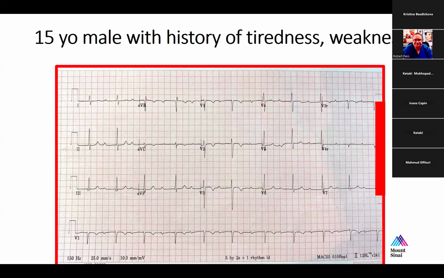Okay, so this patient comes in your office, and this is the very first time you've ever met this patient. So, what would you do, Vlad, to evaluate this patient? I'd be curious to see if he's able to mount higher heart rate with activity.